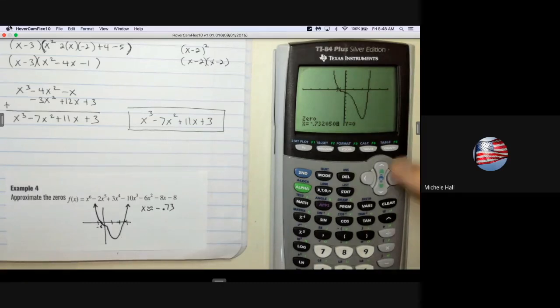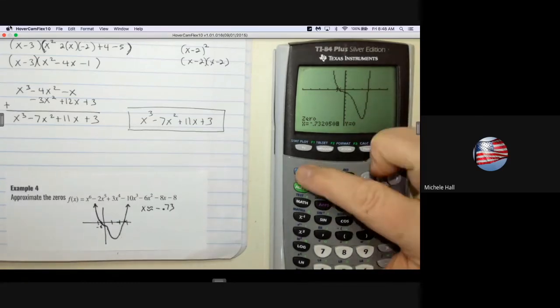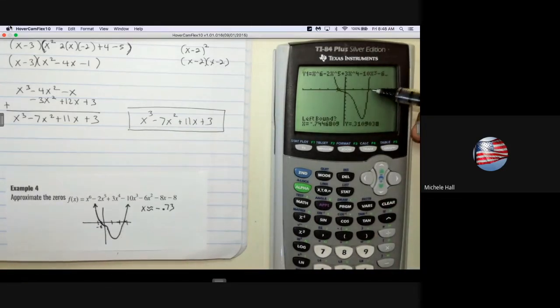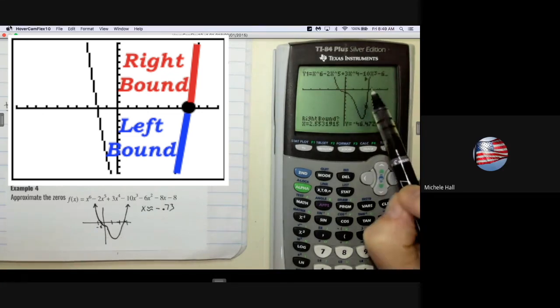And then we're going to calculate the 0 that's on the right-hand side. So second trace, number 2. Now, this is my 0. When am I on the left-hand side? That would be when I'm on the bottom. When I'm on the bottom, I'm on the left-hand side of that 0. Enter. And you can see that it's saying, okay, I'm going to start right here.